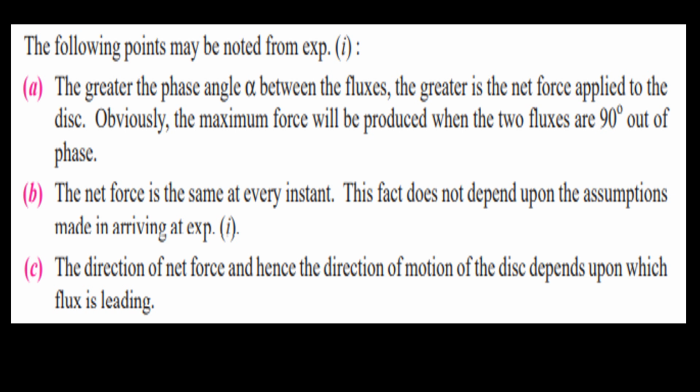So obviously the maximum force will be produced when the two fluxes are at 90 degrees out of phase, or mutually perpendicular to each other. At that moment we will have greater force produced or more operating torque produced.